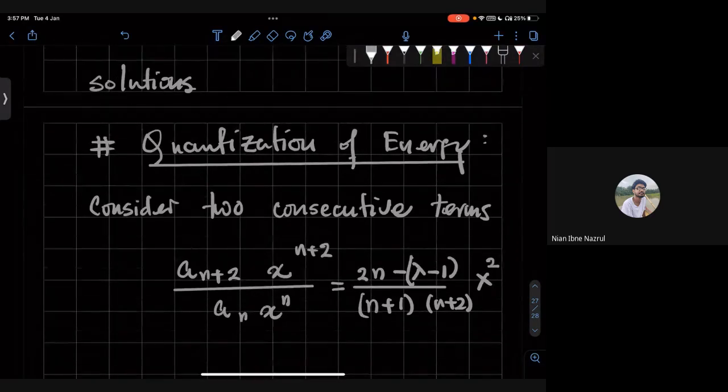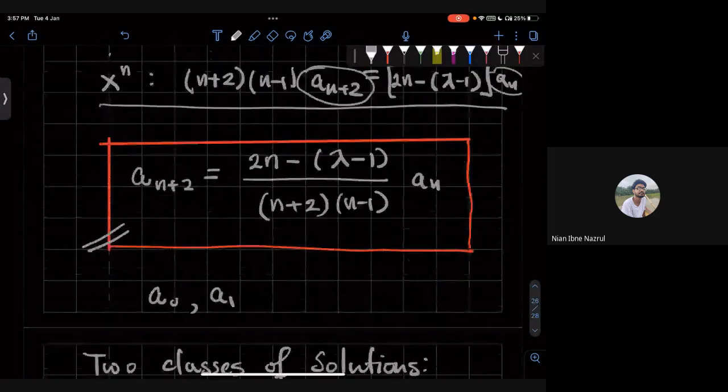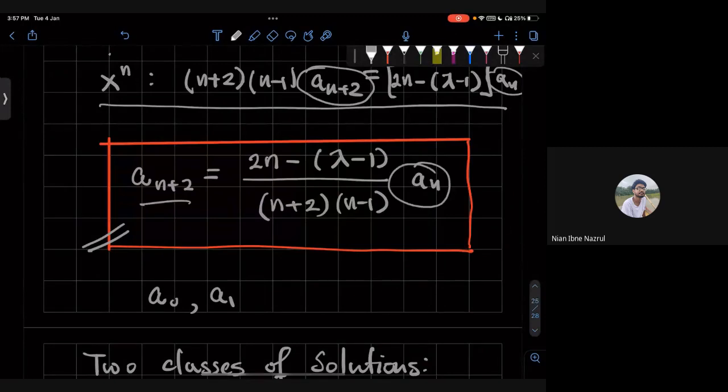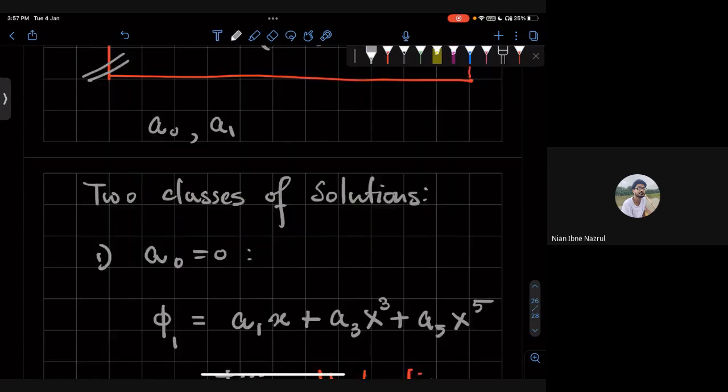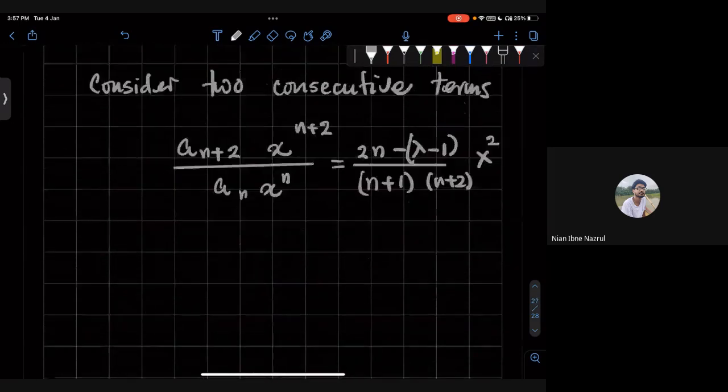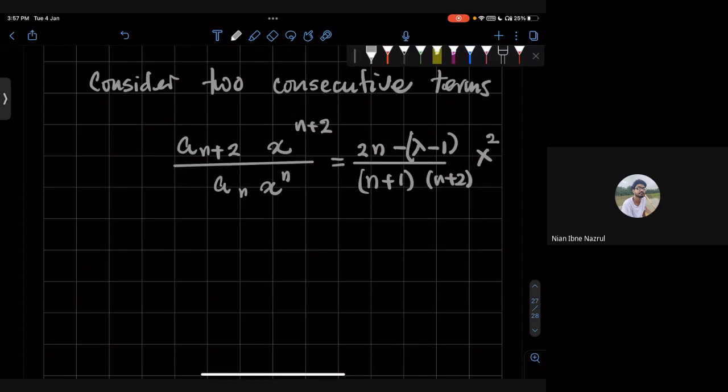So if I go back and look at these, if I bring this over to this side, and there are factors of x's, if I take those factors of x's, then this is what I get. So now let's look at large values of n. What happens to this ratio for large values of n?